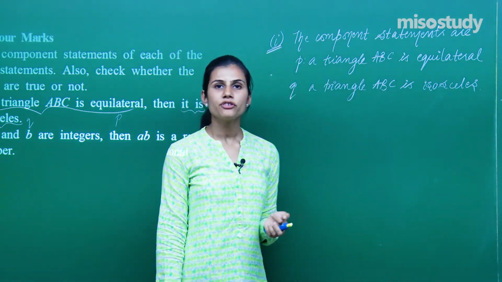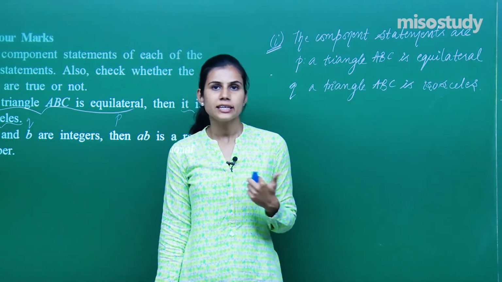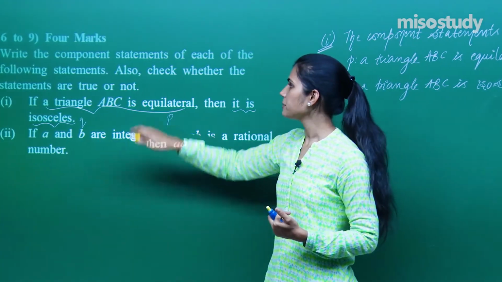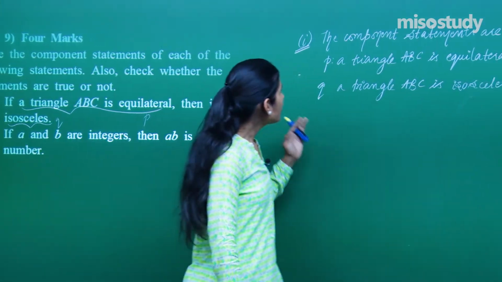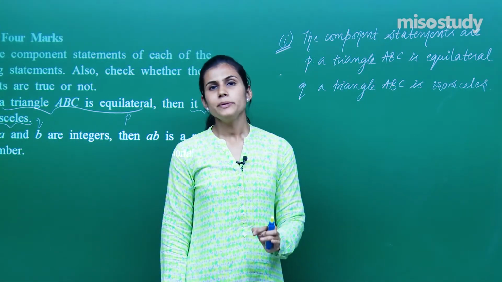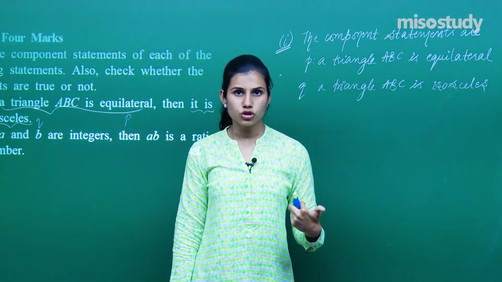Now, based upon the truth value of these component statements, I will be declaring the truth value or validity and invalidity of my given statement number 1, because we have to show whether these statements are valid or not, or true or not. I know if P then Q is valid when? I should be aware that if P then Q is trying to say that whenever P holds, Q should hold.